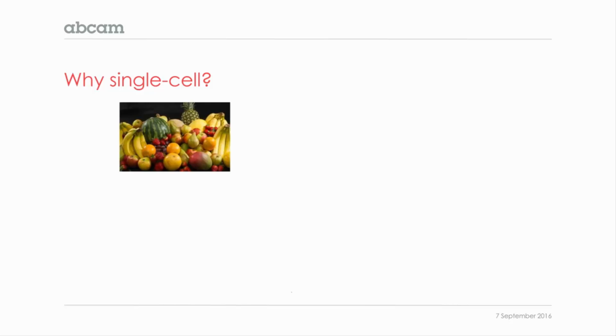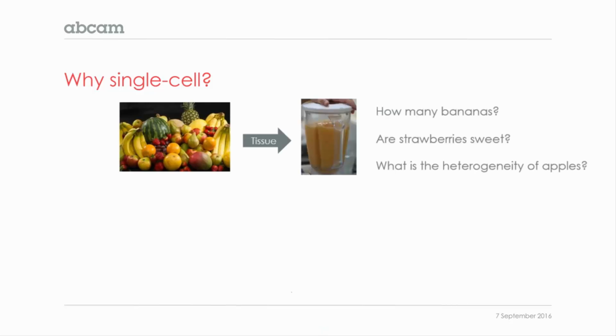Just as an analogy, I put this fruit basket, and to study this mix of fruits, what we used to do at the tissue level is basically take all this mix of fruits, and in order to study the components and all the properties of this, put everything into one blender, mix everything, and then try to answer questions about the properties of these foods.